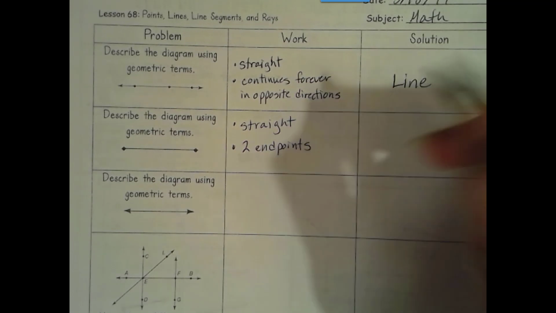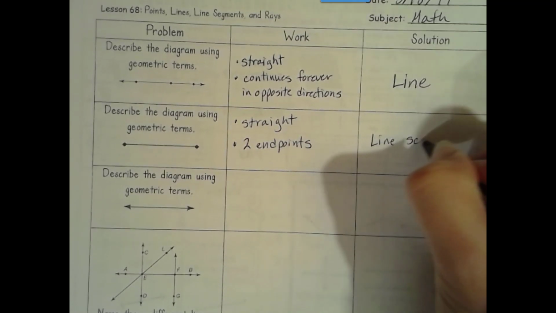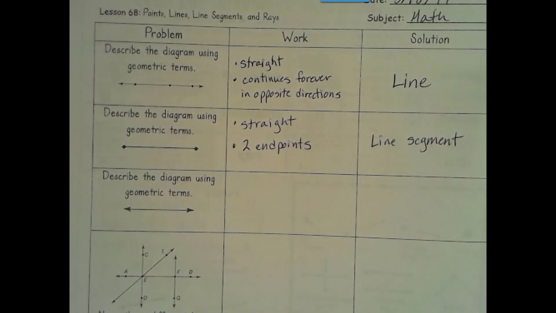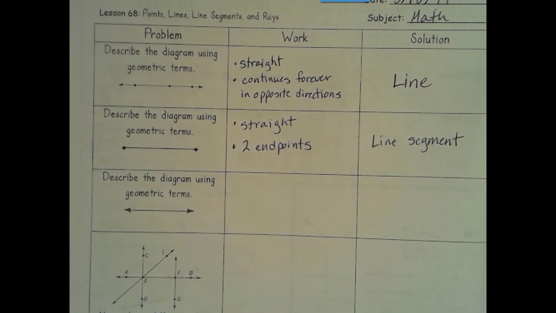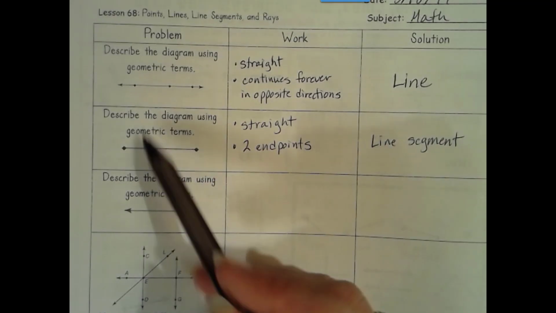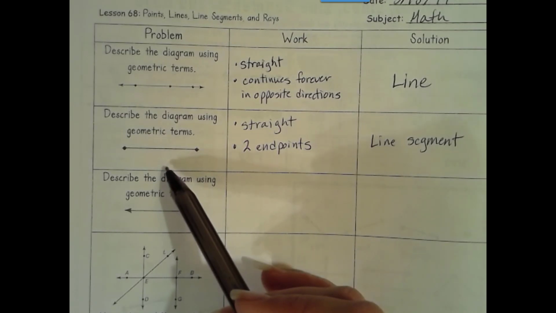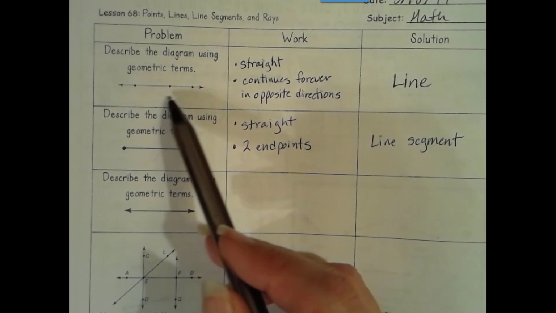So that would be a line segment. If it doesn't have the arrows on the end to show that it continues forever, if it has endpoints, it's a segment. It's just a piece of a line, a bigger line that goes on forever. We're just looking at the part of the line that we took off here to look at. The rest continues on forever.